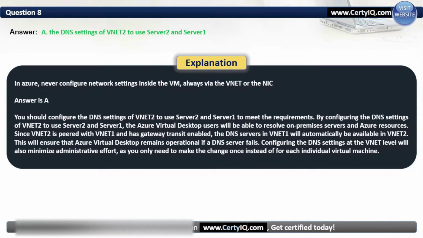Since VNet2 is peered with VNet1 and has gateway transit enabled, the DNS services in VNet1 will automatically be available in VNet2. This will ensure that Azure Virtual Desktop remains operational if a DNS server fails. Configuring the DNS settings at the VNet level will also minimize administrative effort, as you only need to make the change once instead of for each individual virtual machine.